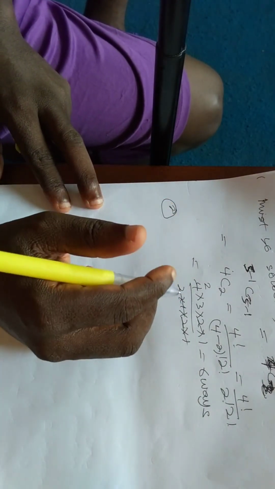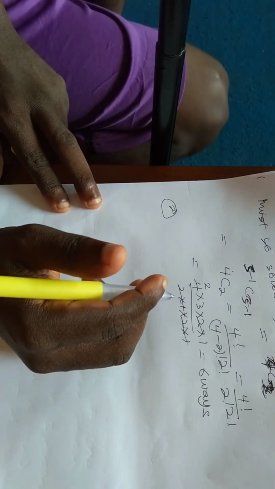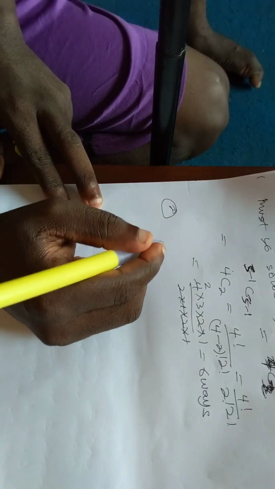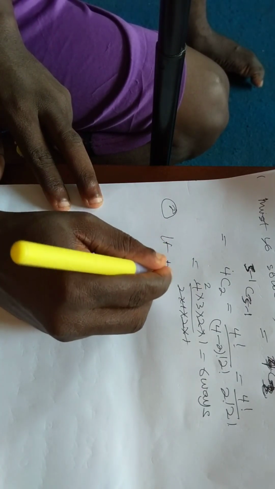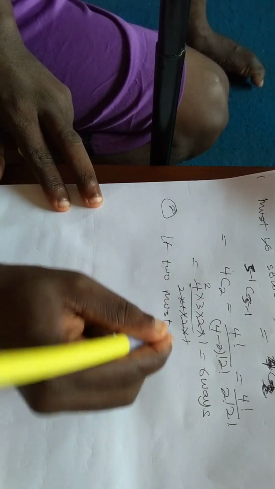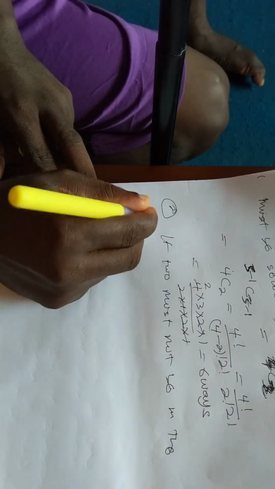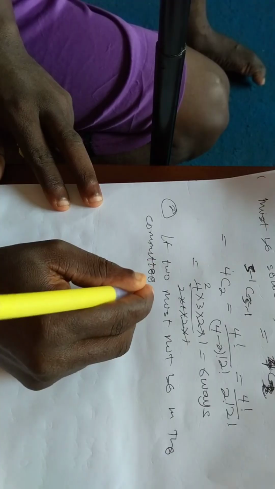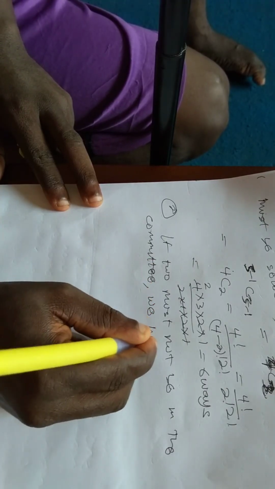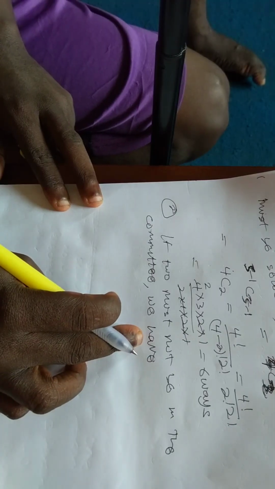Number 2, in how many ways can 3 persons be selected from 6 if 2 must not be in the committee? This time around they will be subtracted from only n.